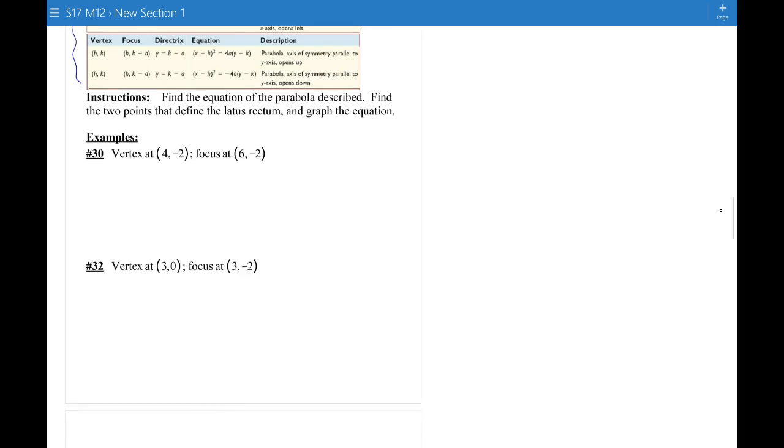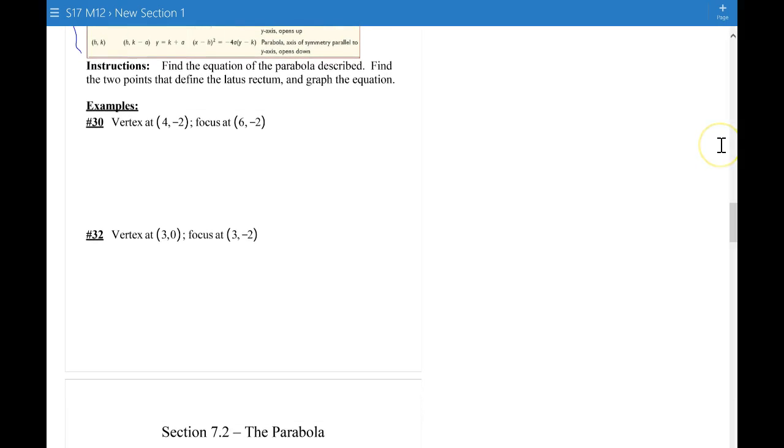So the first example says, find the equation of the parabola described. So I'm going to draw a picture and I'm going to say the vertex is at 4, -2. So here's my vertex. The focus is at 6, -2.